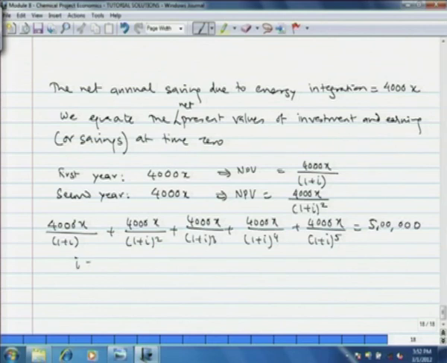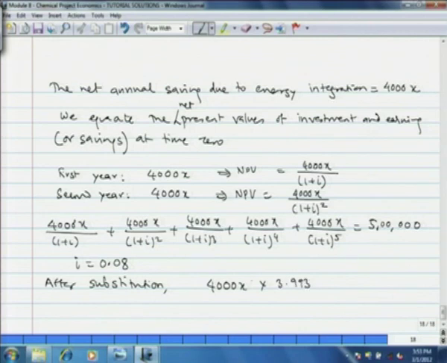And interest rate we have been given as 0.08 or 8%, and then after substitution we take 4000x common, and after putting 0.08 in place of I and summing up the series we get 3.993.